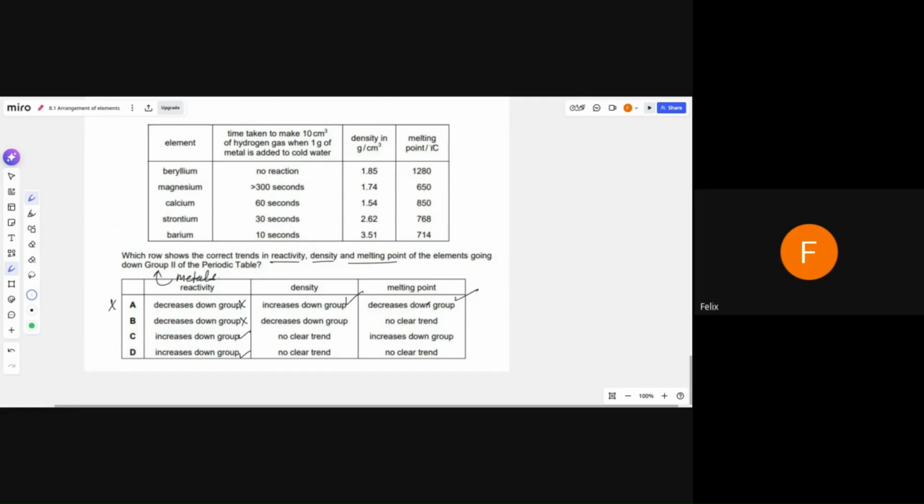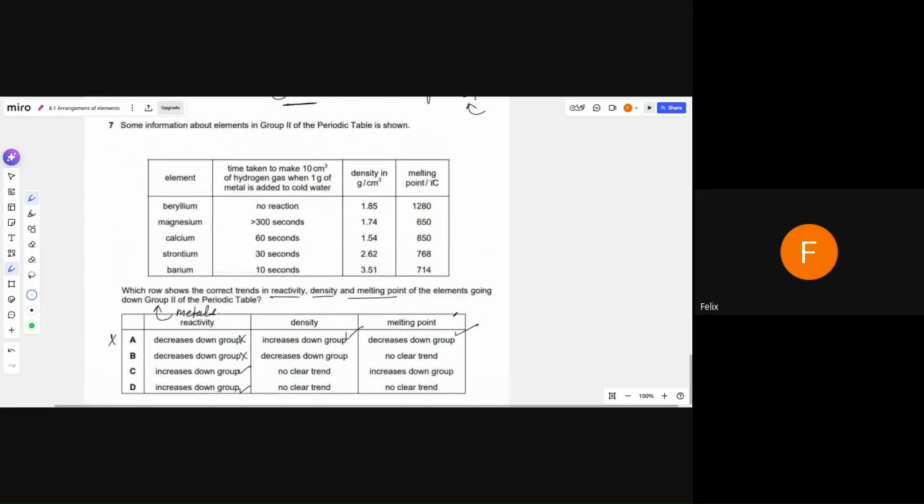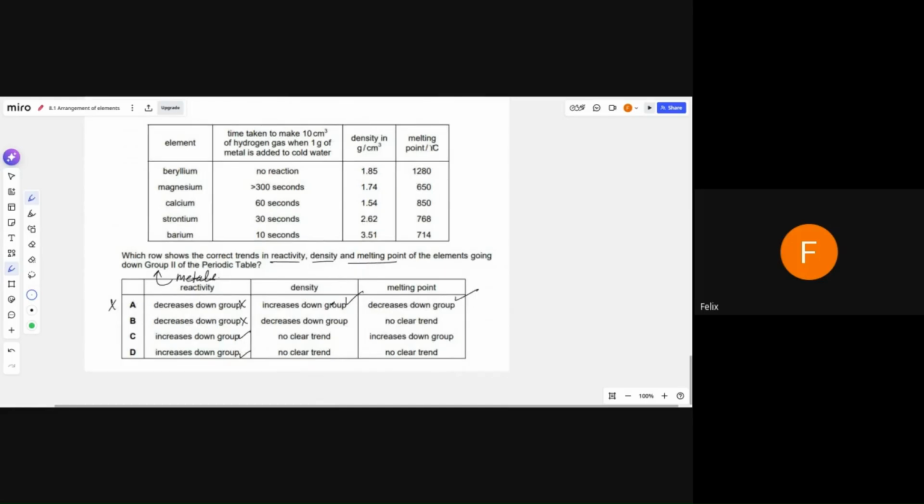Melting points decrease down the group, right? Now, density, there is no clear trend. You can see here in the data that they have given that there is no clear trend, so it is not decreasing down the group.